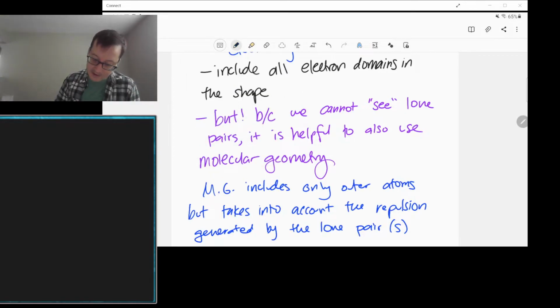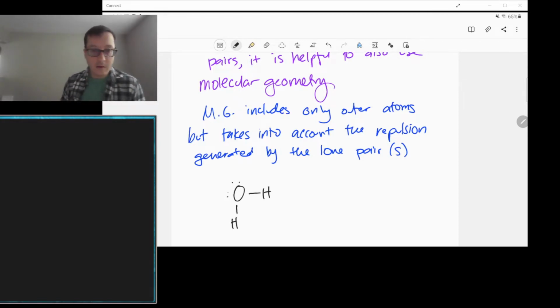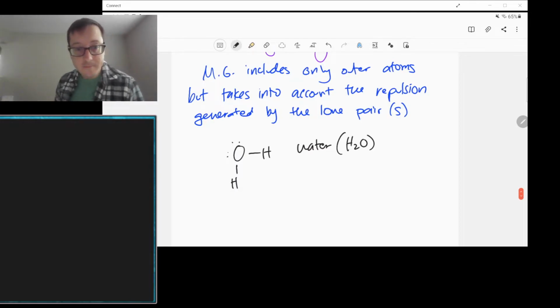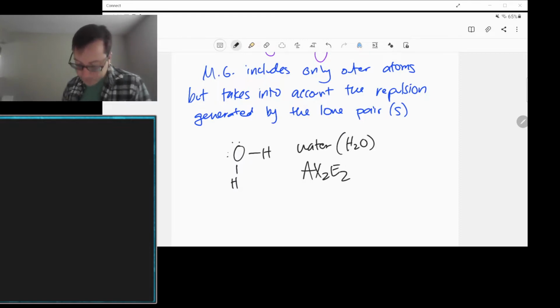And we're going to see anytime you have a lone pair, you're going to have a different molecular geometry than your electron geometry. If we consider water, its category is AX2E2, right?